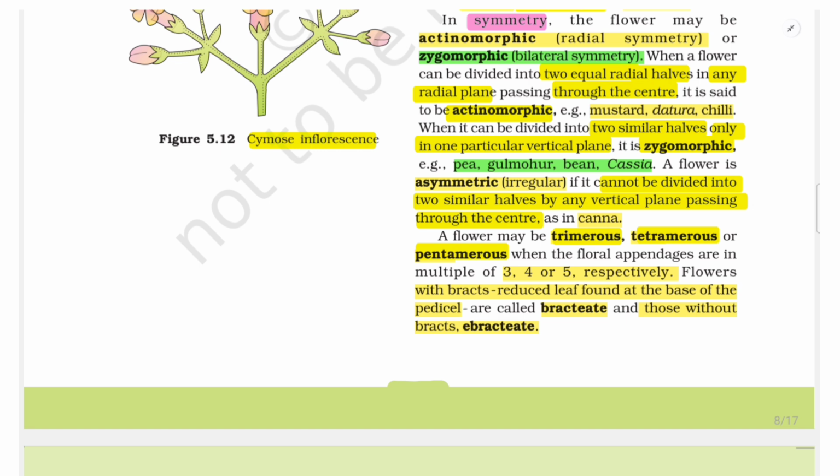A flower may be trimerous, tetramerous, or pentamerous when the floral appendages are in multiples of 3, 4, or 5 respectively. Flowers with bracts, reduced leaf found at the base of the pedicel, are called bracteate, and those without bracts are also known as ebracteate.